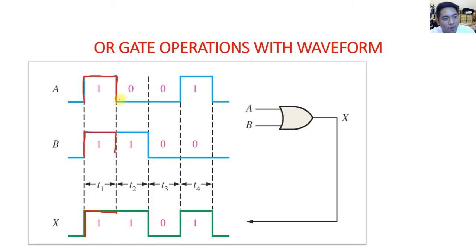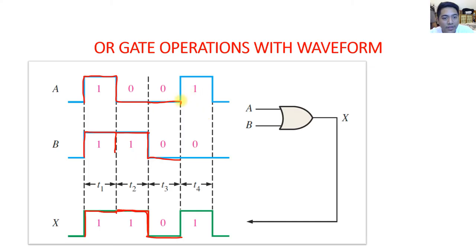In T sub 2, A is low, but B is still high. If either of the inputs is high, the output will still be high. In T sub 3, both of the inputs become 0, so the output X becomes 0.